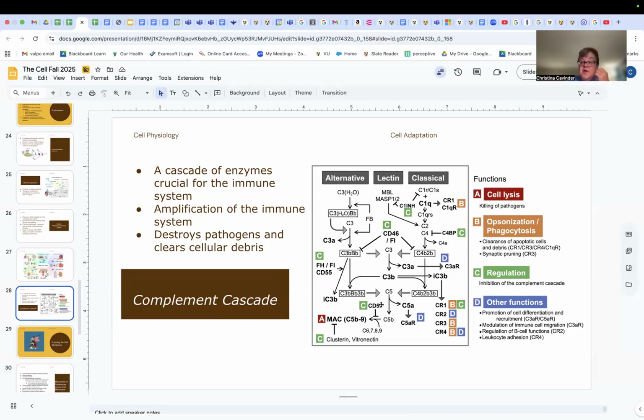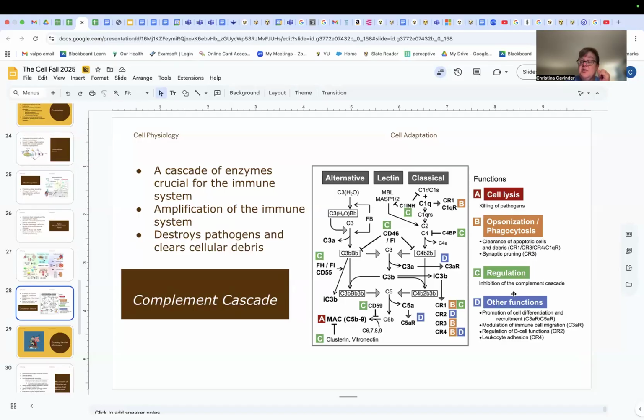You don't have to memorize all of these, but you do know that this kind of cascade takes place in cell lysis, so killing of pathogens. So it lyses bacterial pathogens, those kind of things. Opsonization or phagocytosis, this clears away that debris.